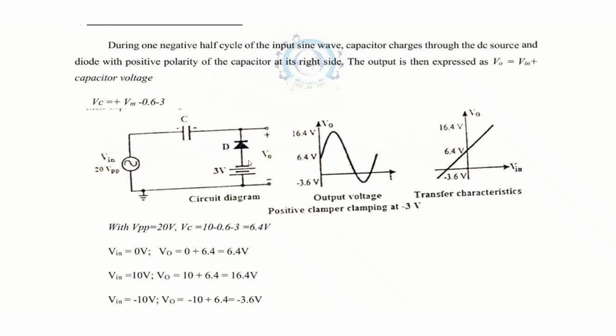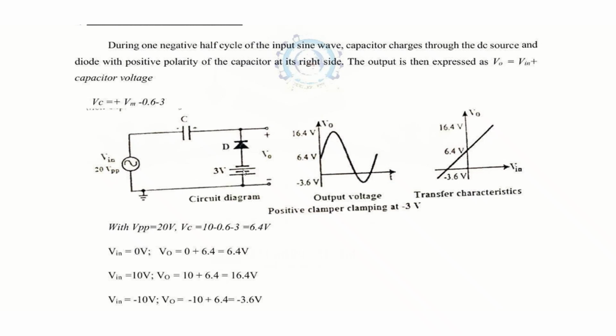Likewise, when the biasing is reversed, the battery supply has to be reversed. We are applying minus 3 volts. So from the output side, the capacitor voltage we get is Vm minus 0.6 minus 3. The diode drop and voltage source are in series, so they get added.